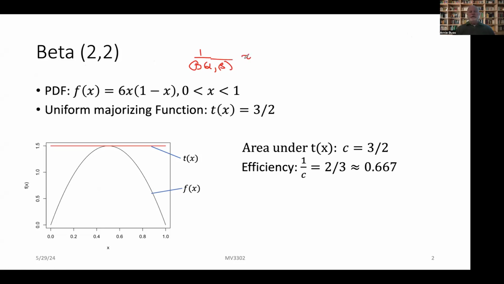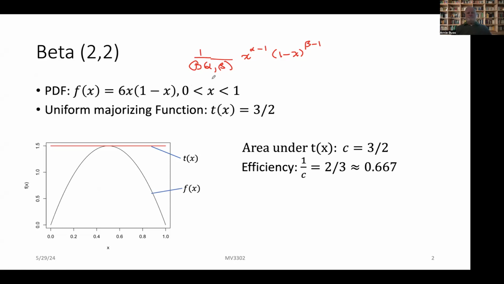And in general, its PDF is what I'm writing here. If we plug in alpha of 2, then this becomes just a normal x. And if we plug in beta, that becomes just a normal 1 minus x. And then it turns out when we evaluate 1 over the beta function, we just wind up with 6.